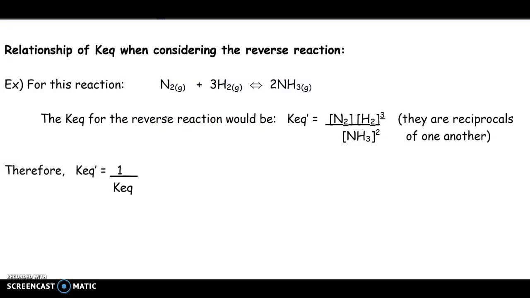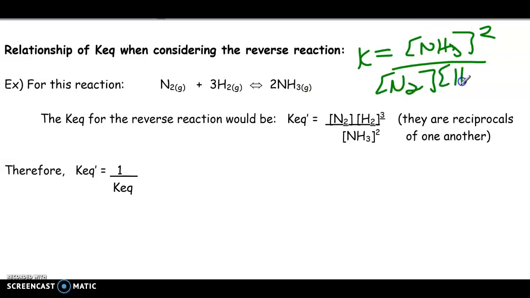All right, so let's take a look at what if we wanted to know what the K value would be for the reverse reaction. Technically, the K expression here would be NH3 squared over N2 and then H2 to the power of 3.